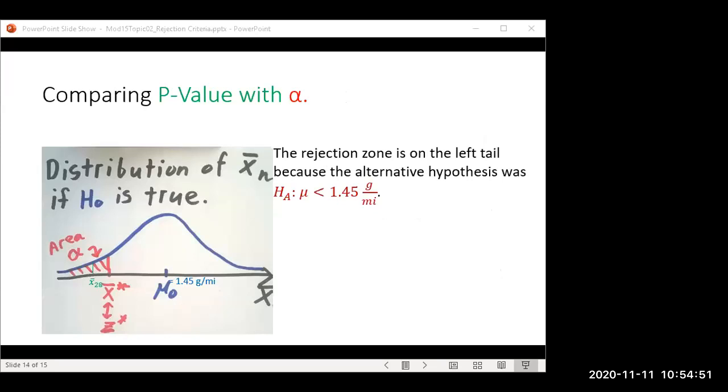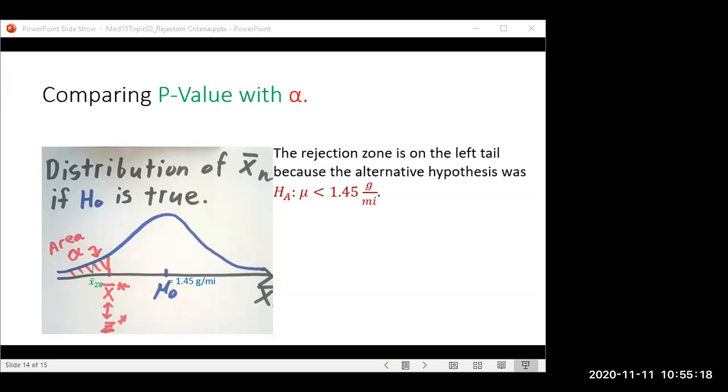So I want to give you a picture of what the p-value is. In this story, the rejection zone's on the left-hand end of the distribution because the alternative hypothesis had a less than in it. The null hypothesis is that this is the distribution. They've told us the shape was normal.